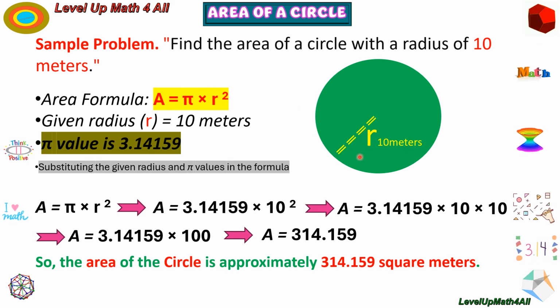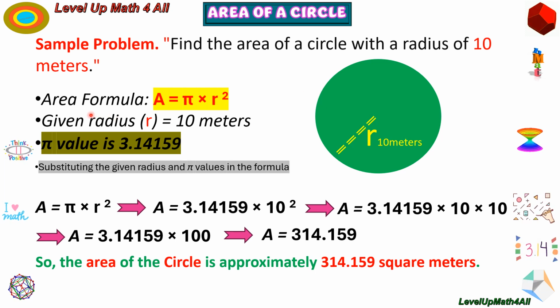Whenever you solve graphical math problems, take a pen and paper, draw a diagram, and put in the values according to the given problem. That will make it easier to understand the problem, apply the formula, substitute the values appropriately, and solve the problem in an easy and accurate way.